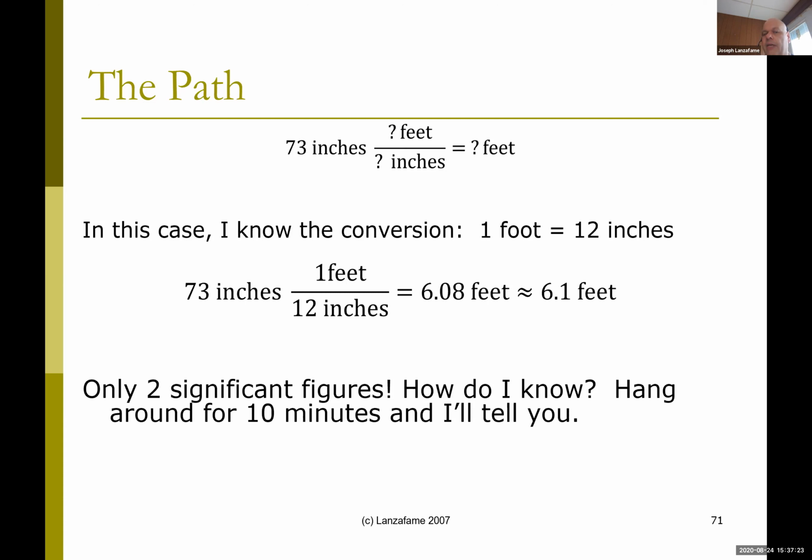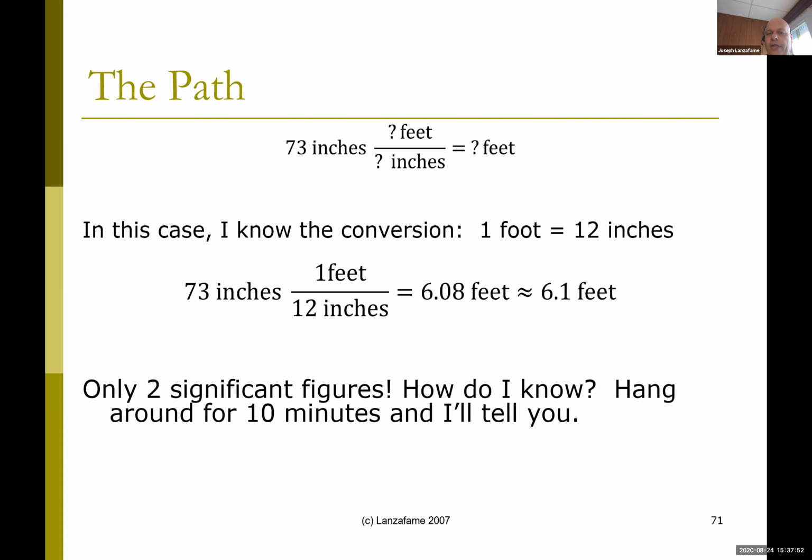If I multiply it by something, it does not change its value. In this case, I want inches in the denominator to cancel inches, feet in the numerator to create feet, and I now have my height in feet. It's actually 2 sig figs, which is something we'll talk much more about on Wednesday.